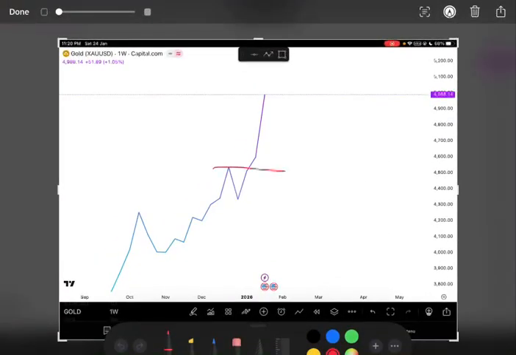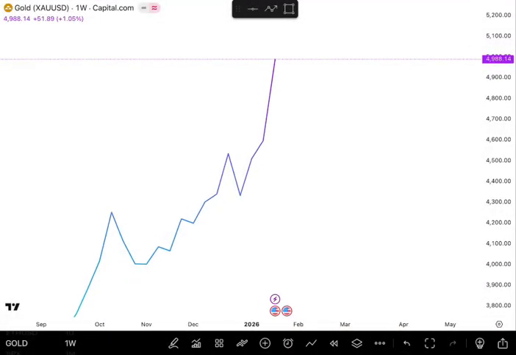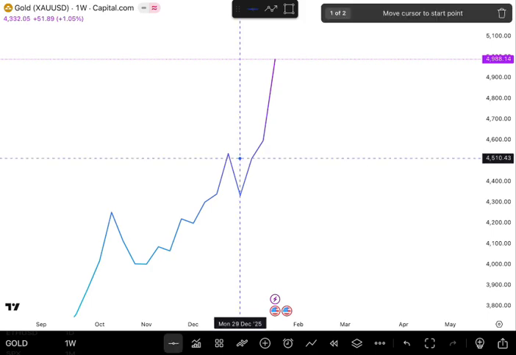So we got a signal here, the resistance level breakout and the support level. So we just mark.